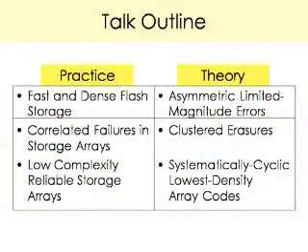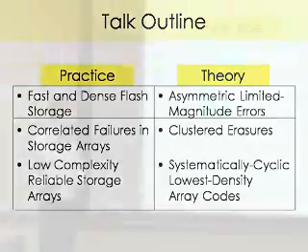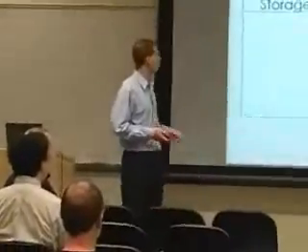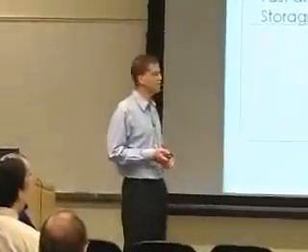Let's summarize the contributions, the topics of this talk. On the practical side, we present fast and dense flash storage, methods of improving the density and speed of flash storage. In disk arrays, we show how schemes can be devised for correlated failures, for failures that are not independent.